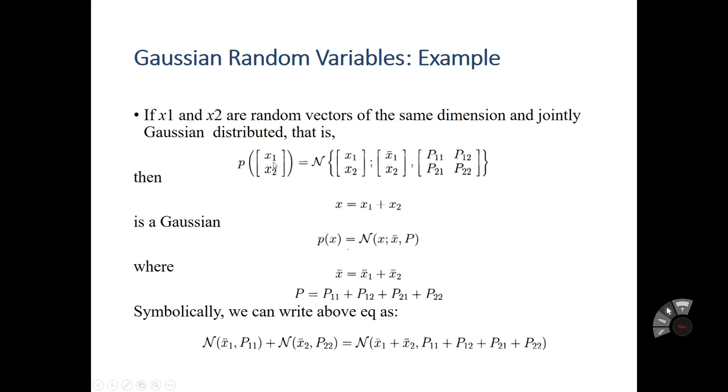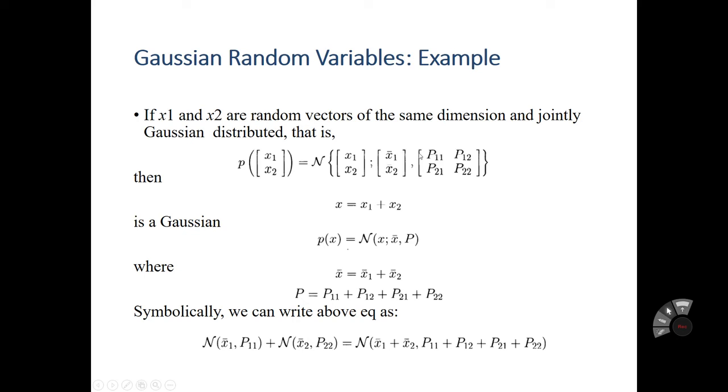Suppose this P is the probability distribution, or PDF, of two joint variables, and p of x1 and x2 equals a normal Gaussian in the argument that we are talking about, x1 and x2, with its mean x1 dash and x2 dash, and their covariance.